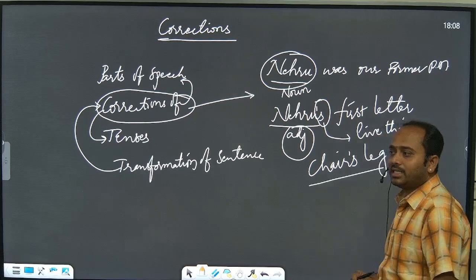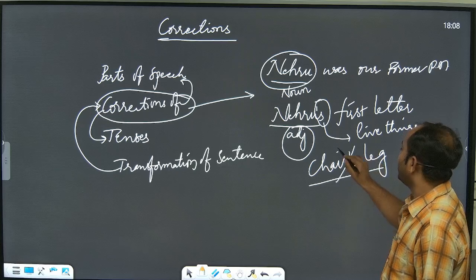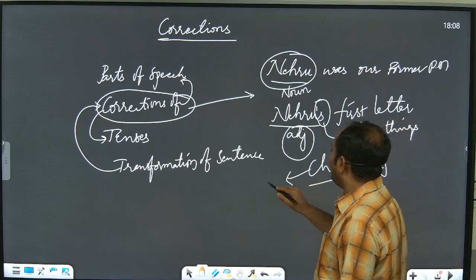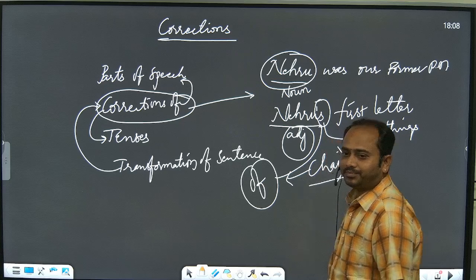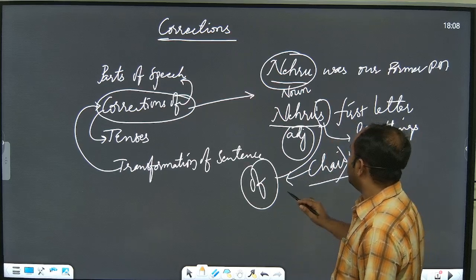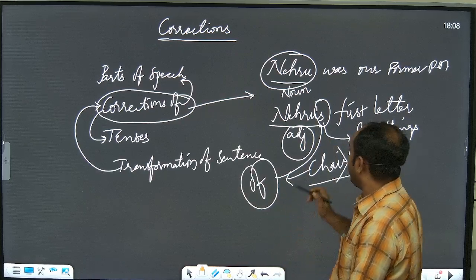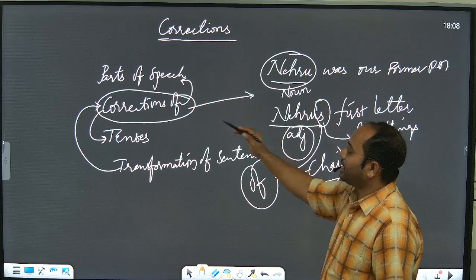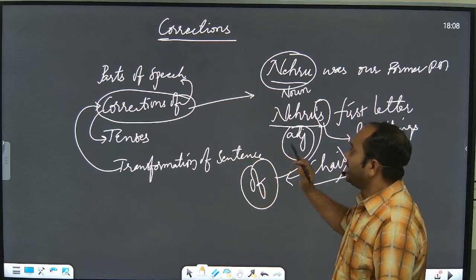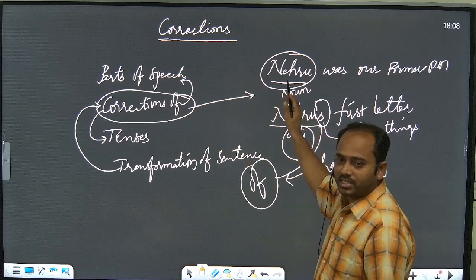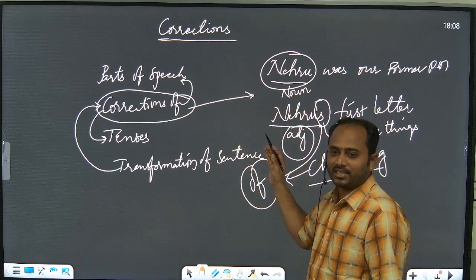Of course, you can understand the meaning is correct, but in grammar it is a wrong usage, because for inanimate things we should use 'of' in place of apostrophe S. When we learn such points from the noun, we can understand how the sentence will be exact. Because in the competitive examination especially, they won't ask you this type of easy question. They'll ask you to identify the proper correction from the given sentence.